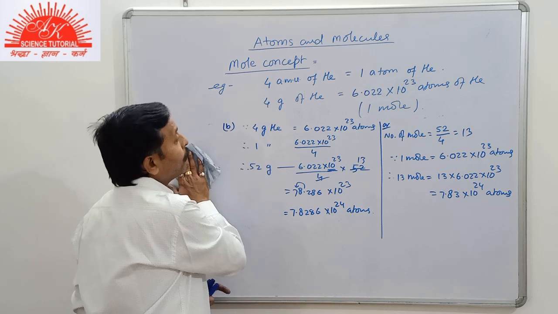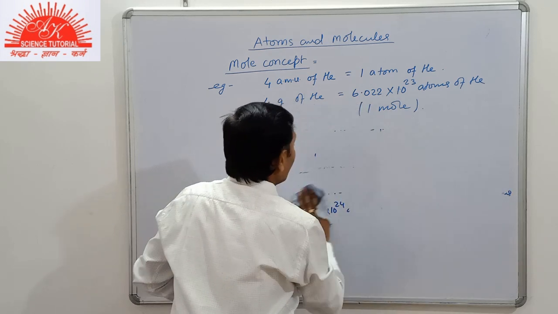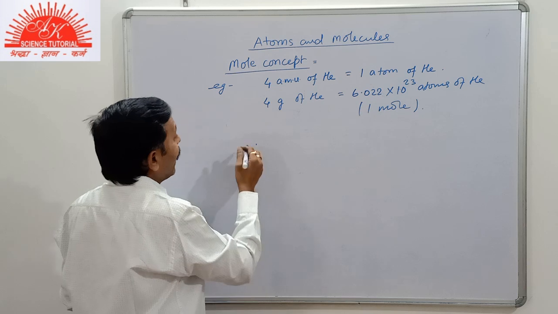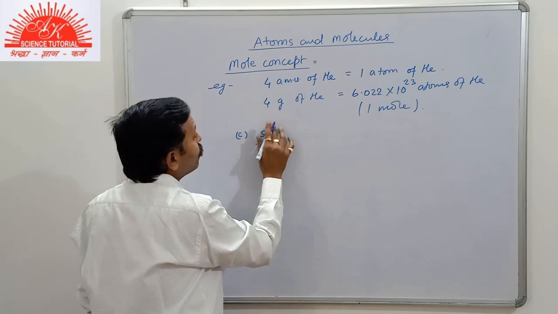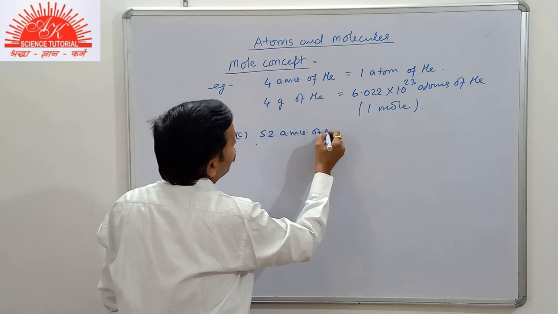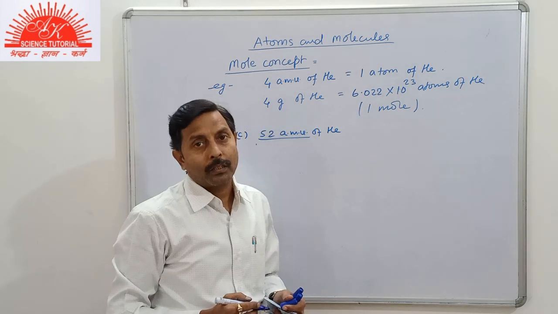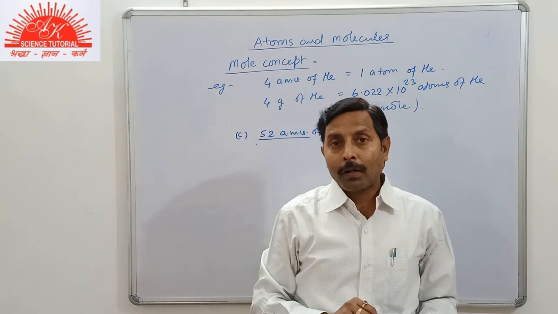Now in the third part of the question, you see that we had 52 AMU of helium. Now it is given in atomic mass unit, so we will compare it with relative atomic mass.